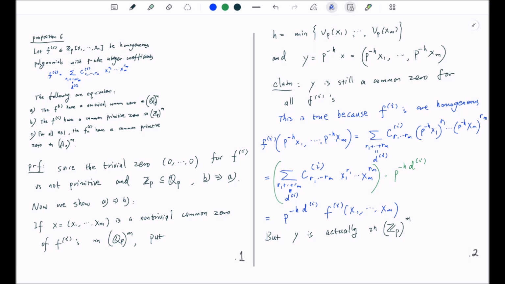And now, if you multiply this x by this power, by the minimality of h among all valuations for x_1 through x_m, each component in its p-adic factorization will have a non-negative power of p after multiplying by p to the negative h. And this y is not just an element in Z_p^m, but also primitive.